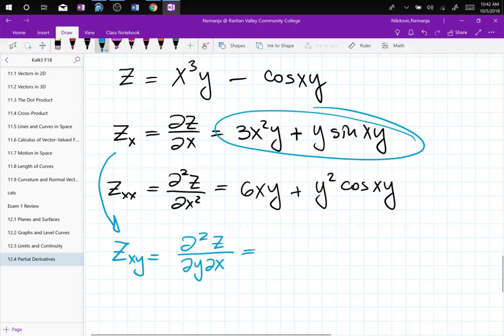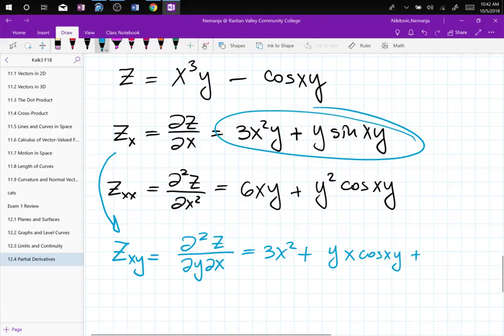So we go back, derivative with respect to y, so that's just going to be 3x squared plus, and now we have to do the product rule. So copy the first, derivative of the second. No, we are taking the derivative with respect to y, so x is out. Okay?